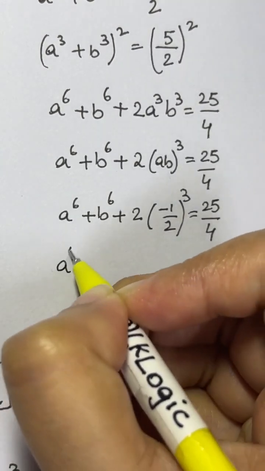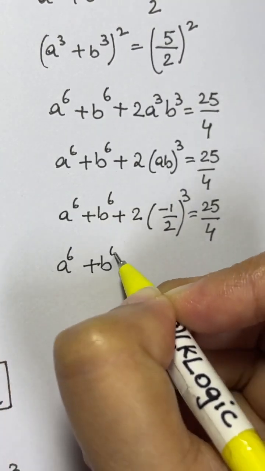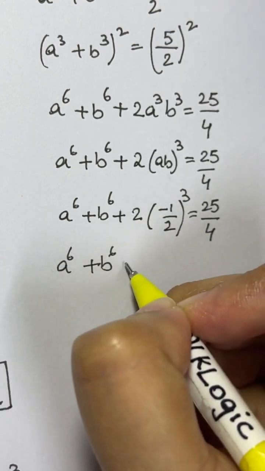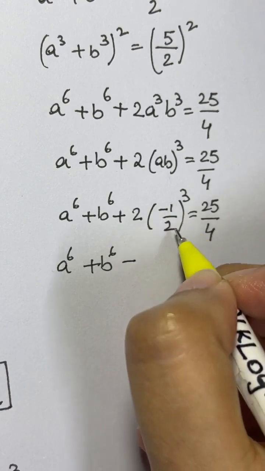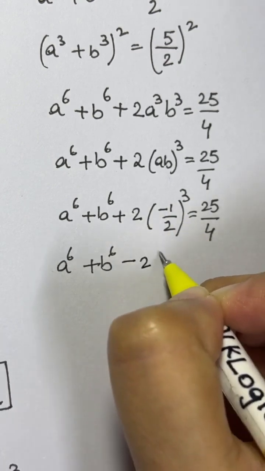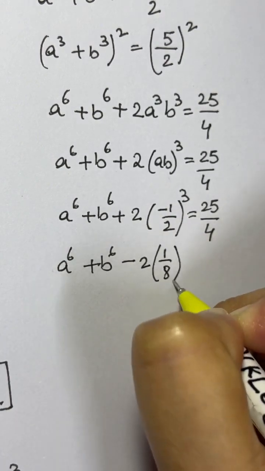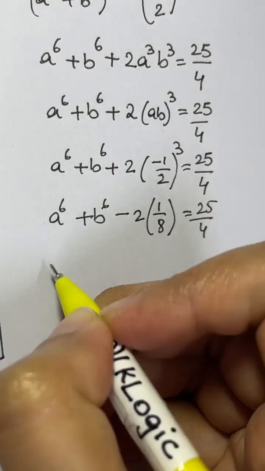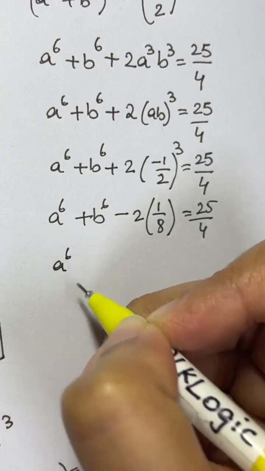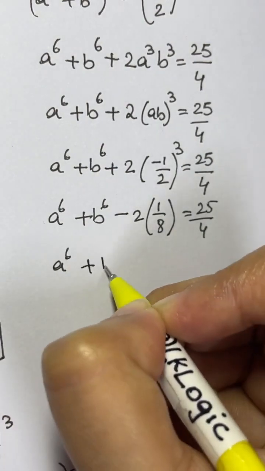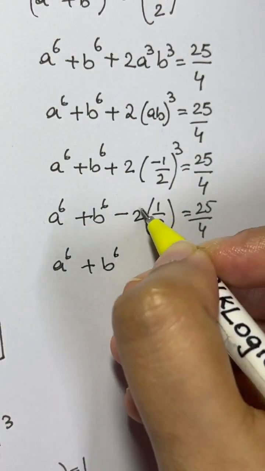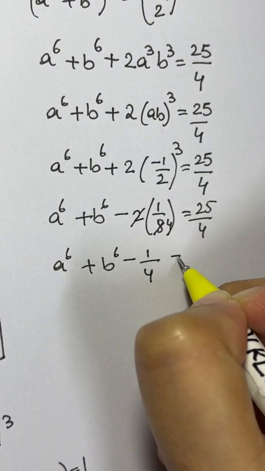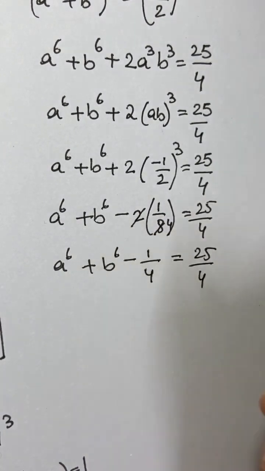Now you have a to the power of 6 plus b to the power of 6 minus, 2 into minus 1/8. 2 times 1/8 is equal to 25/4. So you can just solve this. A to the power of 6 plus b to the power of 6, 2 times 4, so you have minus 1/4 is equal to 25/4.